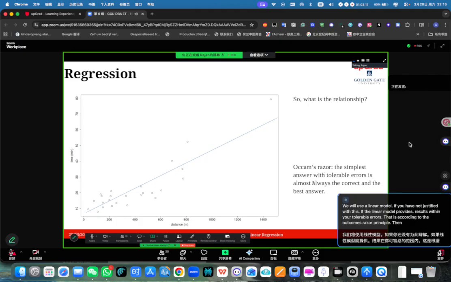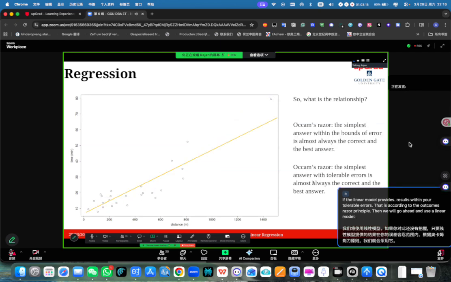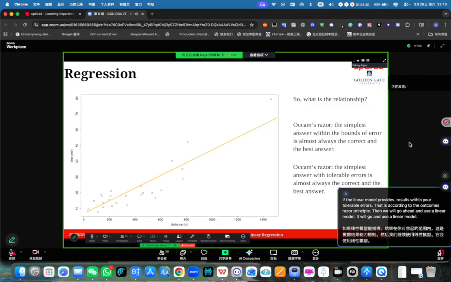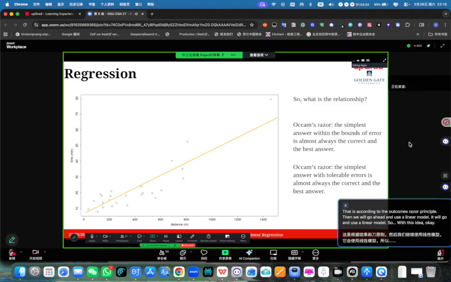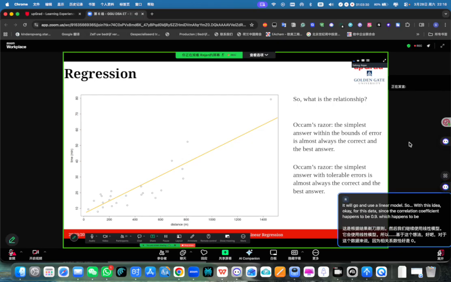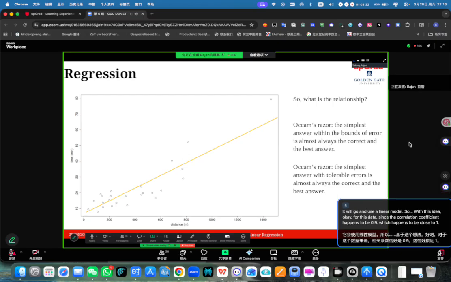We'll go ahead and use a linear model. For this data, since the correlation coefficient happens to be 0.9, which is close to 1, we will find a straight line.